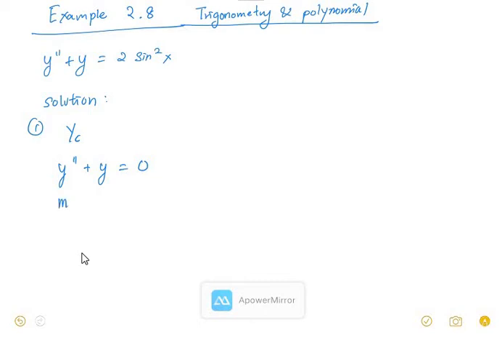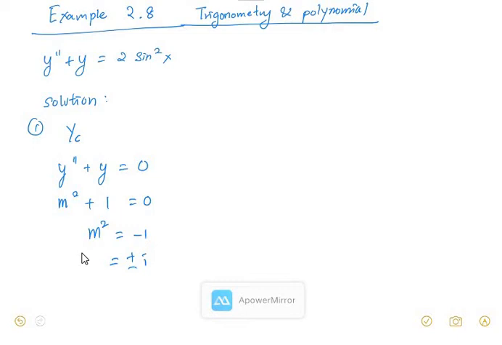This one you change to m squared plus 1 equal to 0. So m squared equal to minus 1, so m equal to plus minus i. That is the imaginary root.